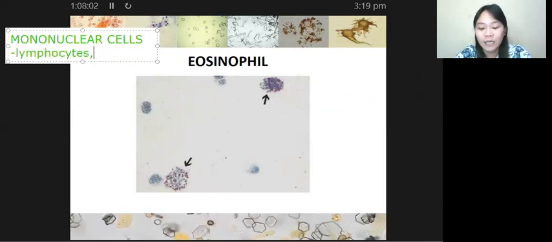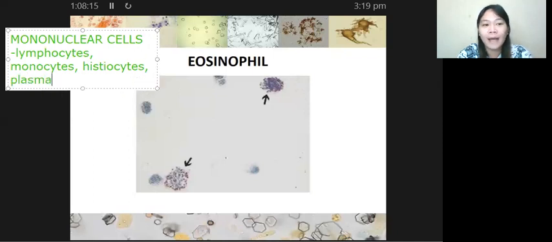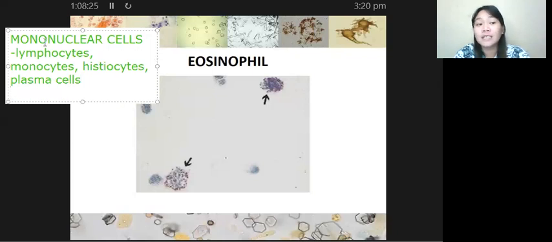We have your lymphocytes, clinical microscopy ang pinag-uusapan natin class ha. Monocytes, we have your histiocytes, and of course we have your plasma cells. So we have your lymphocytes, your monocytes, your histiocytes, and your plasma cells. All of them are considered as mononuclear cells.